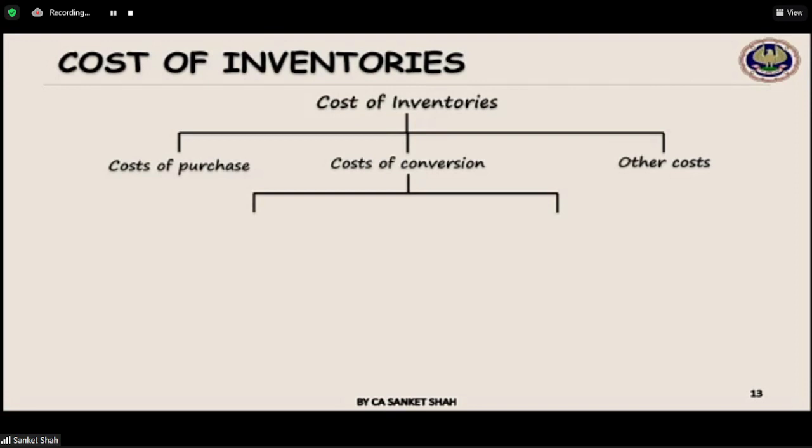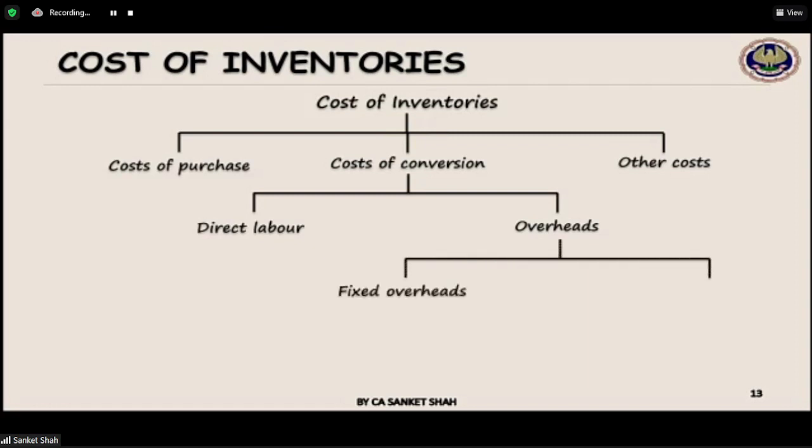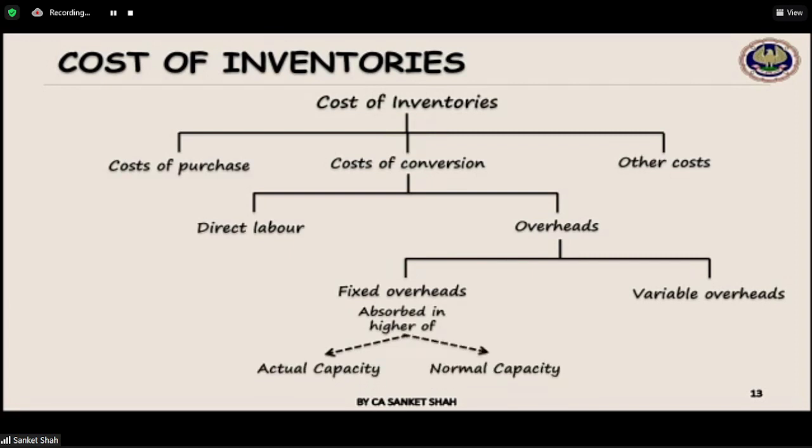Oh yes, cost of conversion is nothing but direct labor plus overhead part, and overheads are divided in two parts: fixed overhead and variable overhead. So this is a very important chart. Cost of conversion: fixed overhead we will use on the basis of higher of actual capacity or normal capacity, and variable overhead we consider on actual capacity.